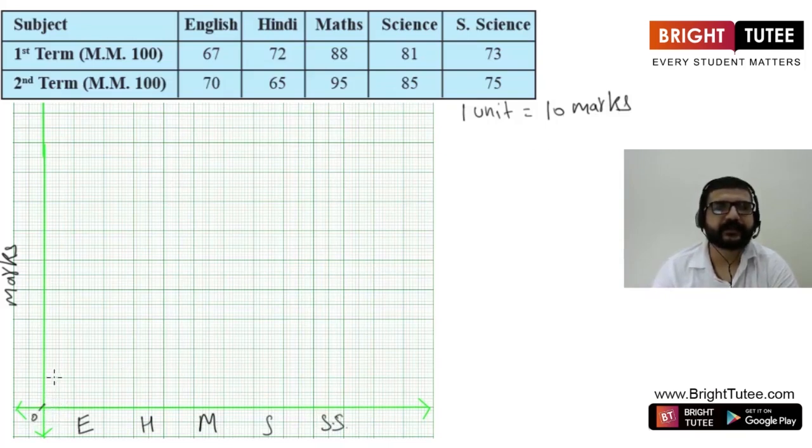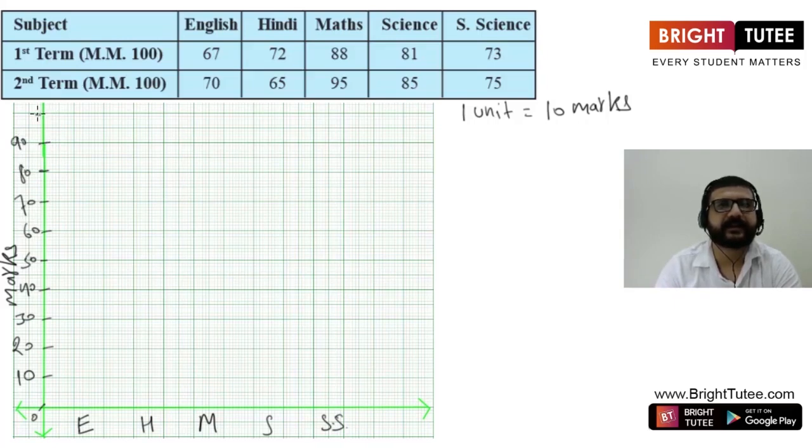This point is 0, and then this will be 10, this will be 20, this will be 30, and then 40, 50, 60, 70, this will be 80 here, and then 90, and then 100.